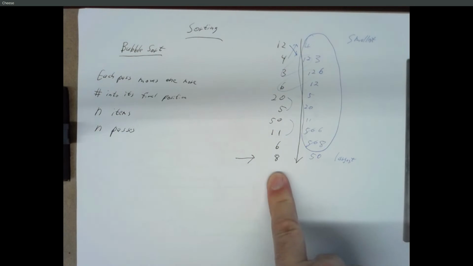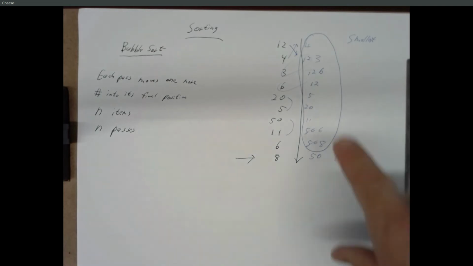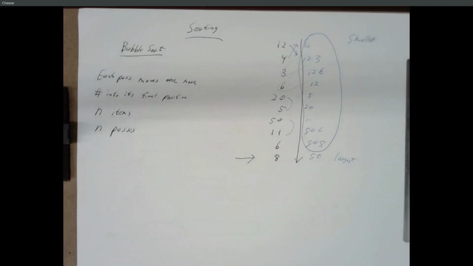If our list is sorted and we make one of these passes, it's not going to do anything. If you're coding this, you can just say do this n times, and for each pass, go through and do this swapping. So that's basic bubble sort. So the question is, how many operations do we have to do to sort a set of data?